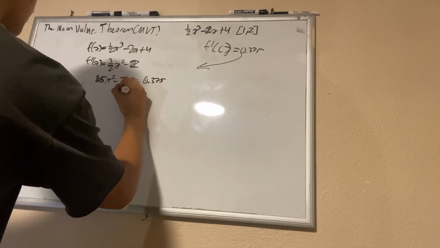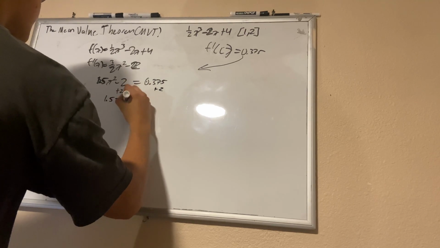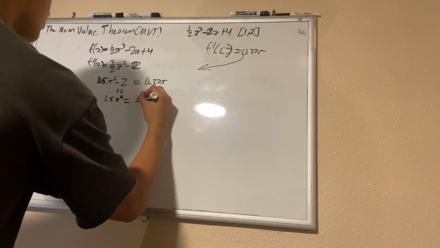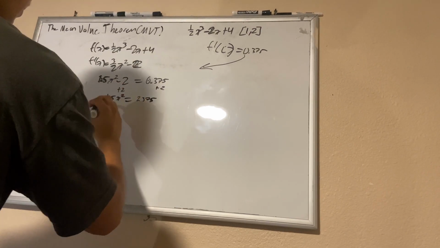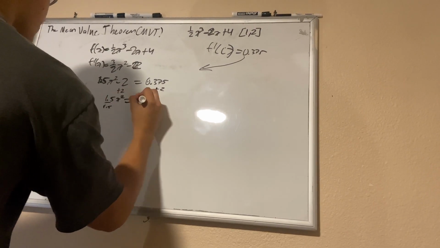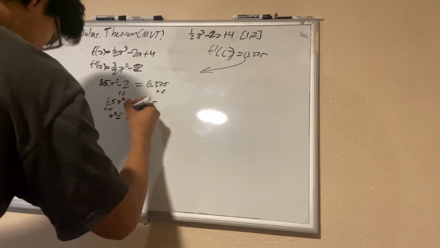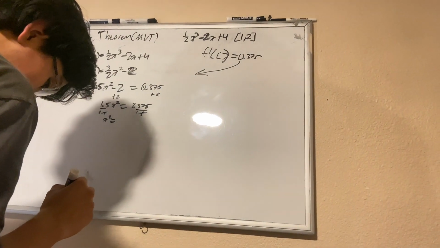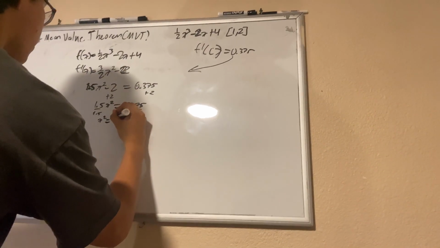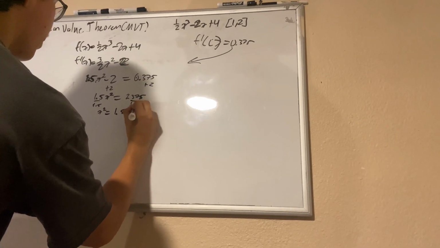From here we just add 2 to there, add 2. So 1.5 x squared is equal to 2.375. We divide this by 1.5. We get x squared is equal to, and when I did the math on this one, I got 1.583 repeating.